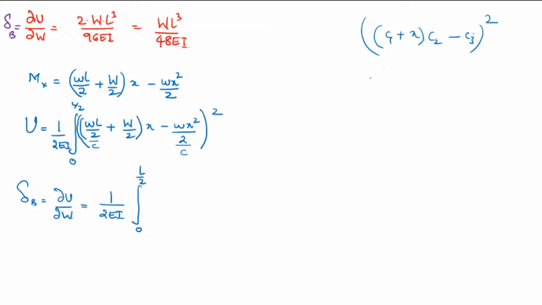The differentiation of this will be the constant copied as it is, plus x times of this constant c2 minus c3. And after that, when you differentiate again, this term will be left, so this will be multiplied once again by x. The derivative of x will be 1 into the coefficient of x, which is c2.